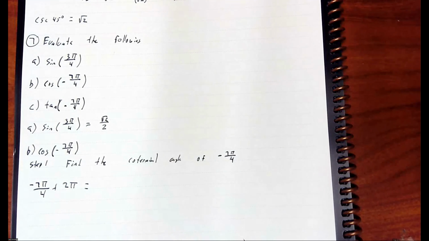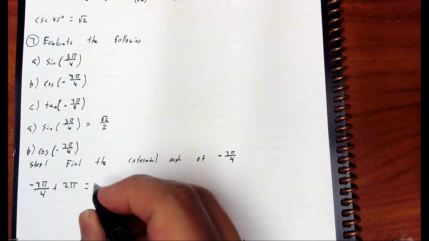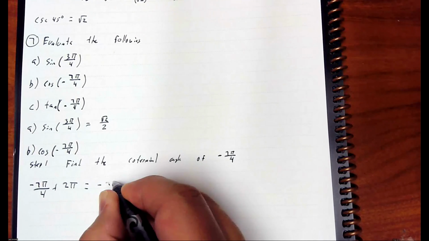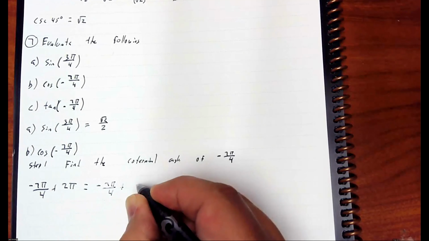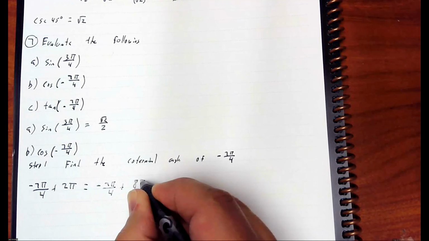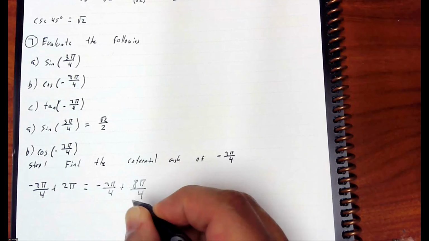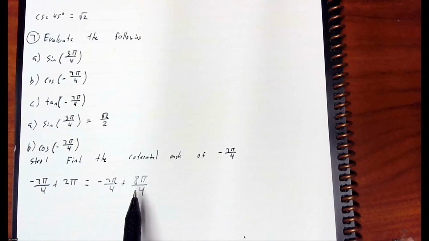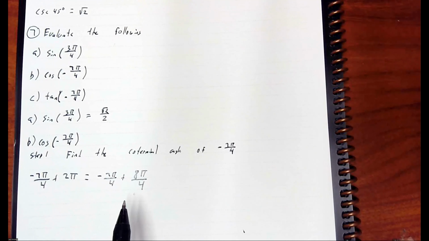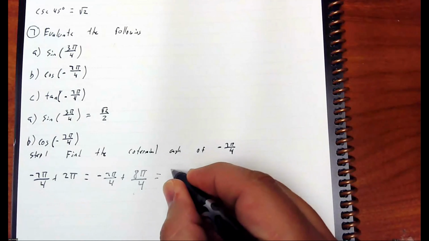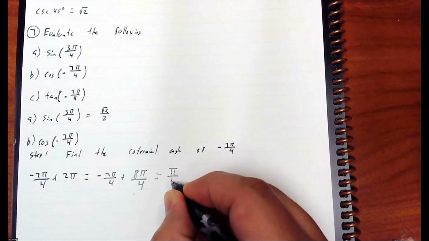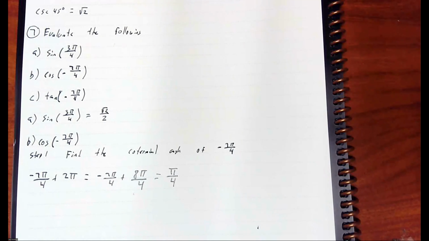It's going to be 4, right? So negative 7 pi over 4 plus 8 pi over 4. So I essentially multiply the top and bottom by 4. I skipped a small step. Do you see how we got to here? That okay? All right, so negative 7 plus 8 is a single pi, right? Pi over 4.